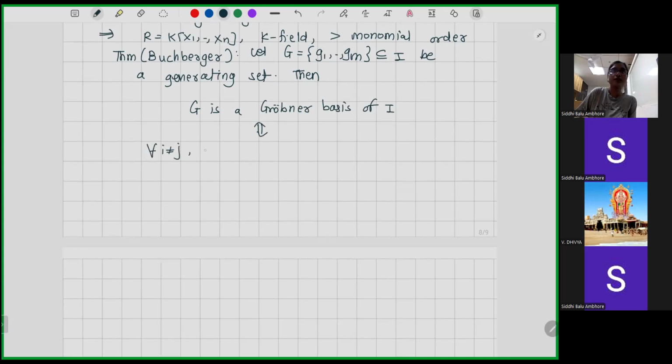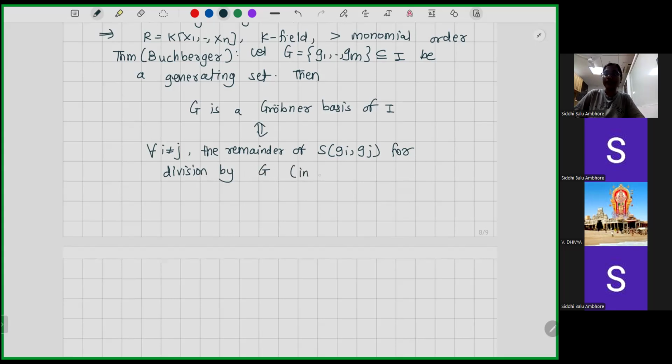for all i not equal to j, the remainder of S(Gi, Gj), on division by elements of G in any order, is 0.